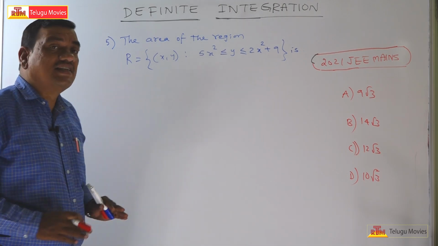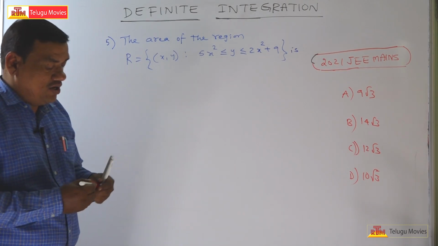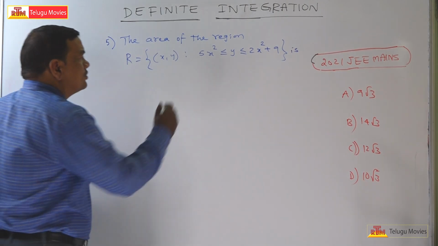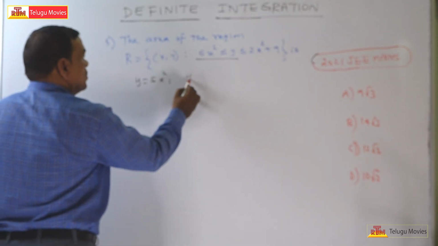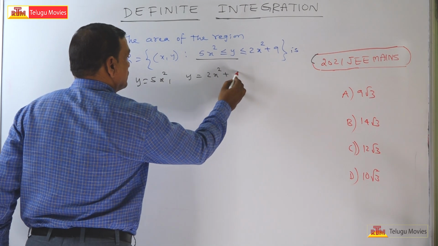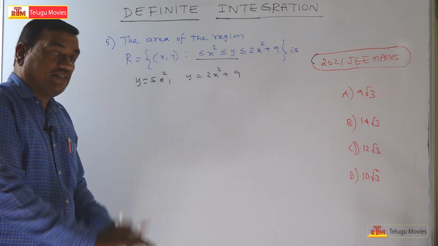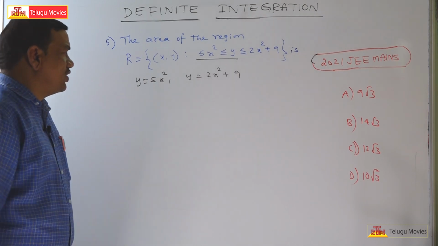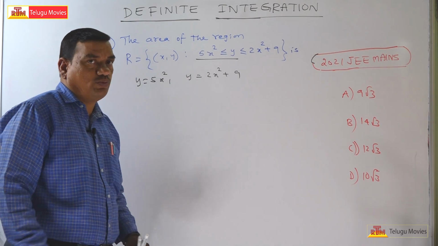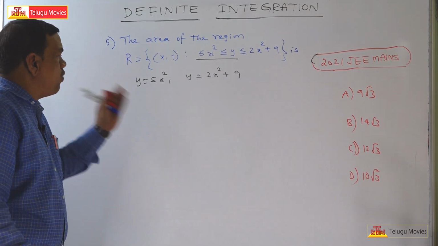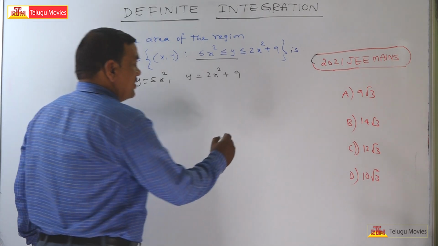If you avoid them, you have y is equal to 5x square, y is equal to 2x square plus 9. What are they? They are parabolas. Very, very clear.